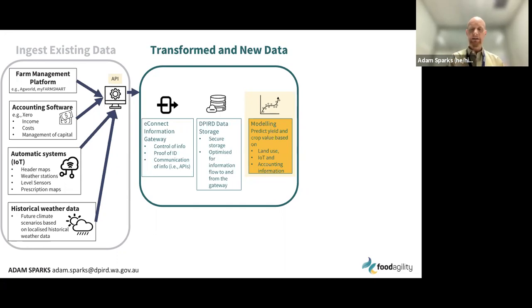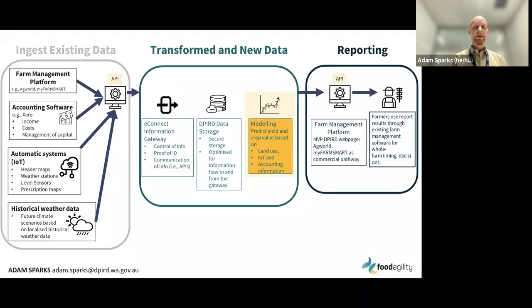Hopefully that doesn't happen. It comes in, it goes into secure storage in a database, which then I use for modeling to predict yield and crop value based on that land use data, the Internet of Things, and the accounting information that they've shared with us. Finally, we're going to develop an API to securely share the information back.